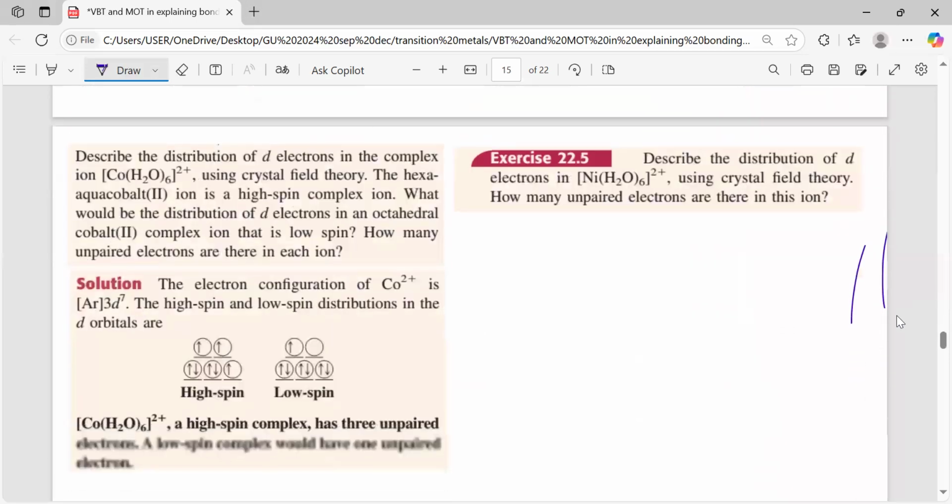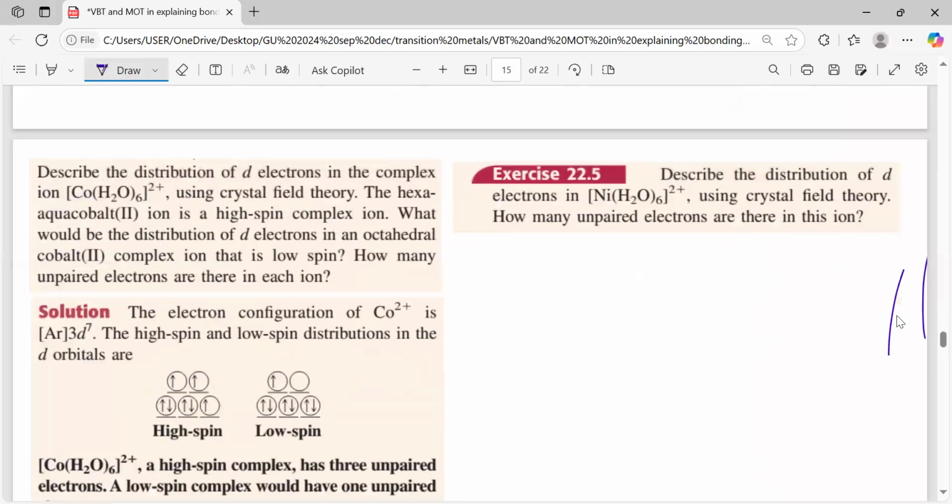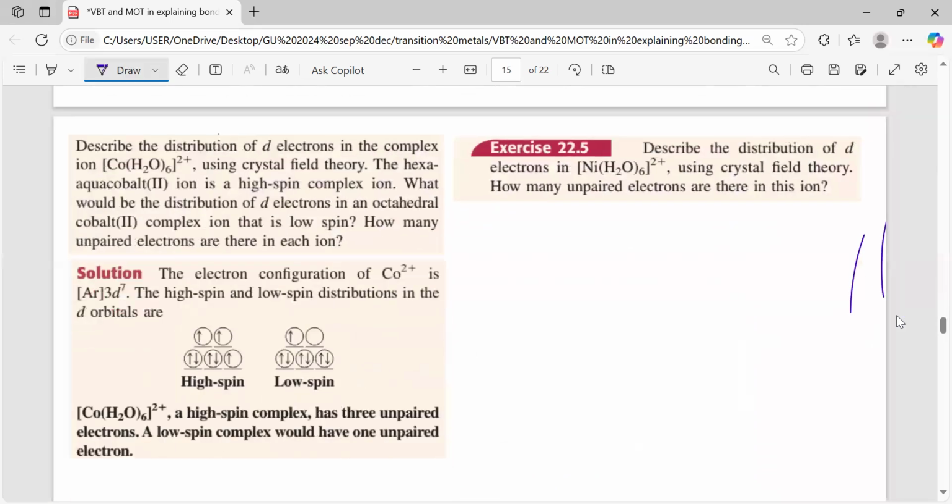So with that, having come that far, I want us to look at some more examples. And it brings us to considering this complex, cobalt 2 plus. So what is cobalt 2 plus?